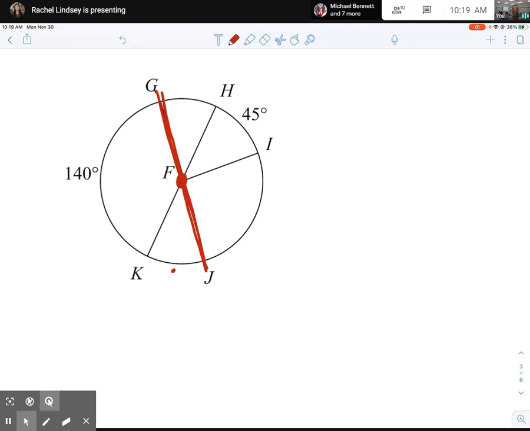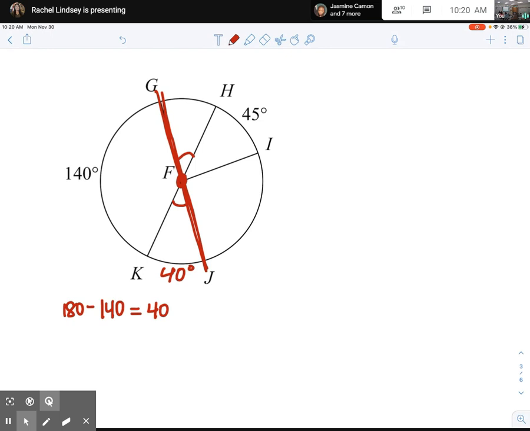So if I want to find KJ, I'm going to do 180 minus 140. And that's going to give you what? 40. So if that arc's 40, this angle's 40, that angle's 40, this angle's 40.